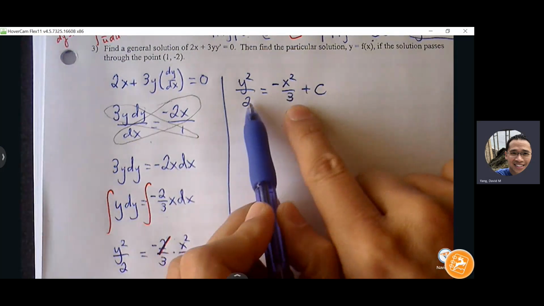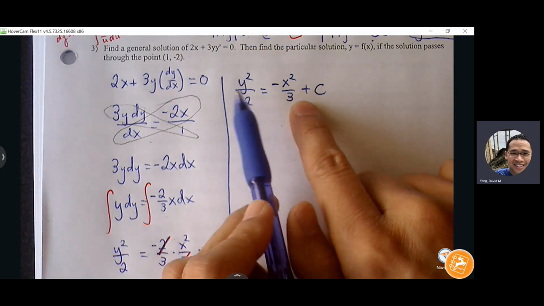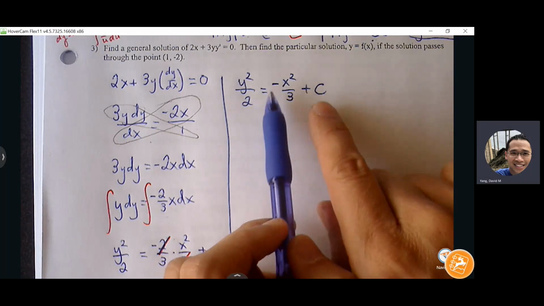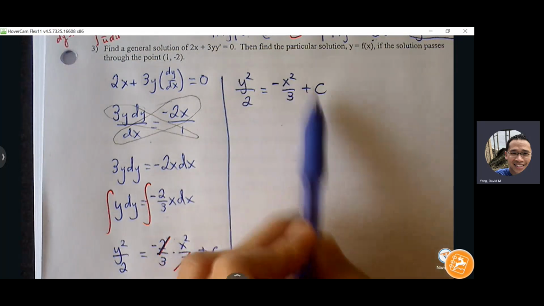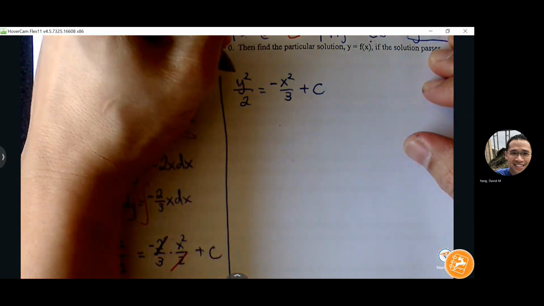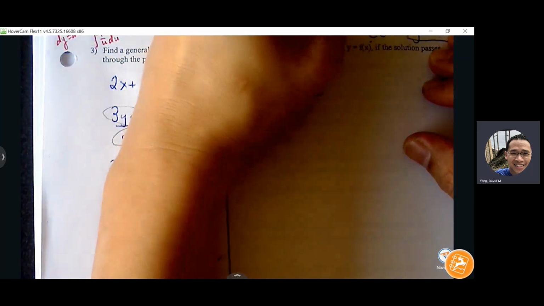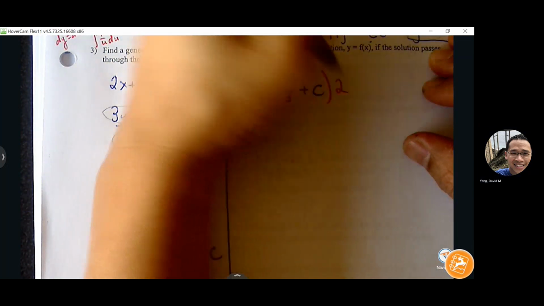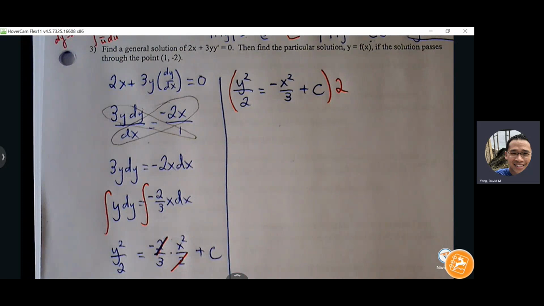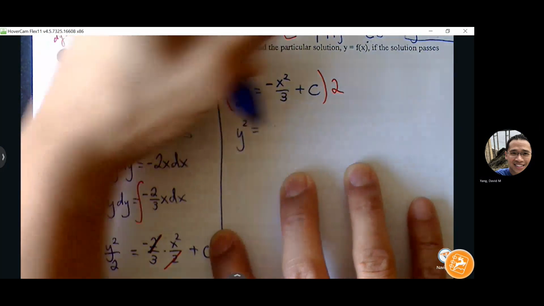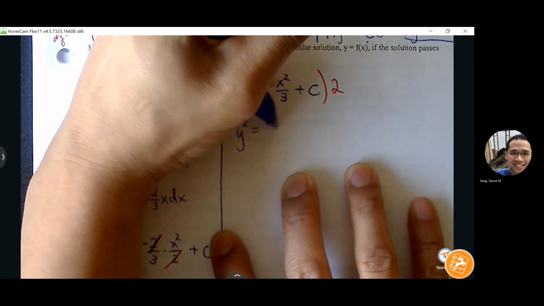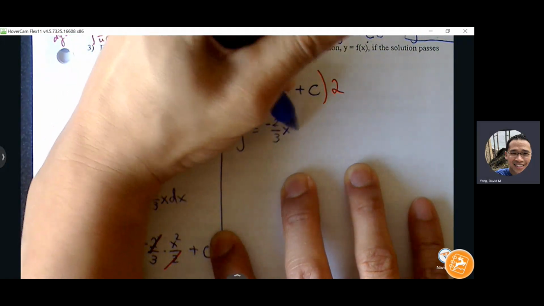So technically, we have the general solution. Next step, we want to solve for c, but I'm going to just try to clean up a little bit more here. I'm going to multiply both sides by 2. But once your plus C shows up, you can decide when to solve for C at any moment in time. You can wait till the end. You can start, once that C shows up, you have a lot of options in terms of when to solve for C.